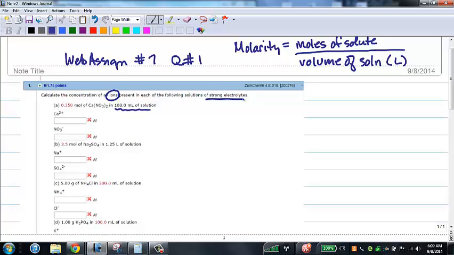In the first problem, we're calculating the molarity of calcium nitrate. And so we need the moles of calcium nitrate, that's given, 0.350 moles of calcium nitrate.